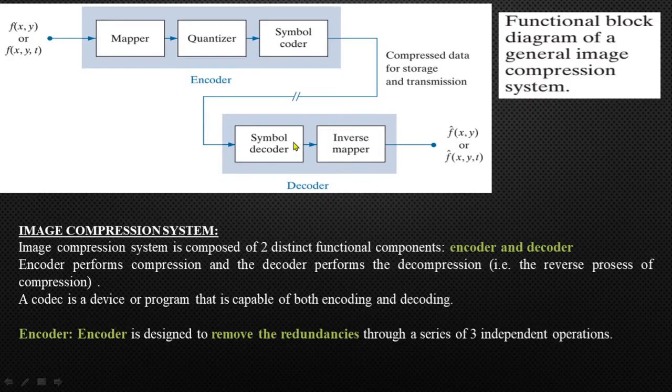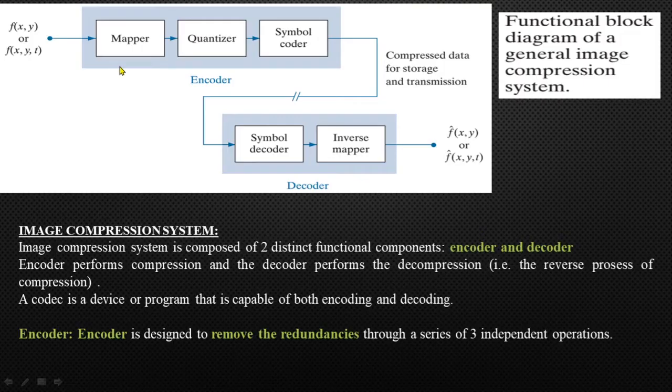The decoder has the symbol decoder, which is the reverse process of the symbol coder, and the inverse mapper, which is the inverse process of the mapper. The quantizer is not reversible, it is irreversible, so there is no reverse process in the decoder. The remaining two, the mapper and symbol coder, are reversible, so there are reverse processes in the decoder.